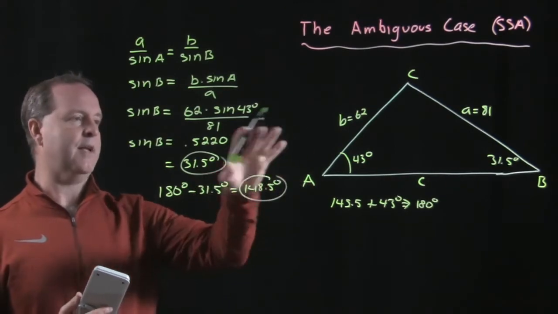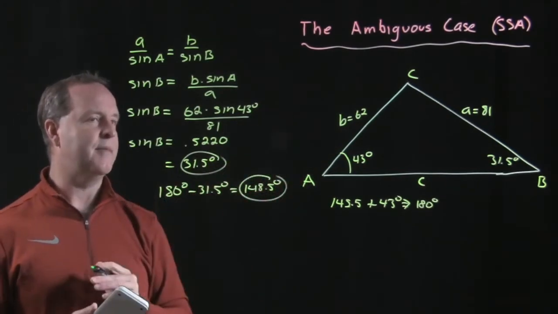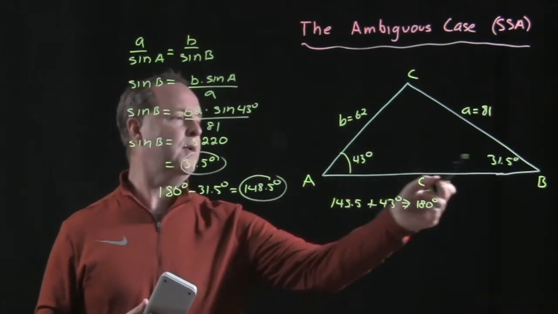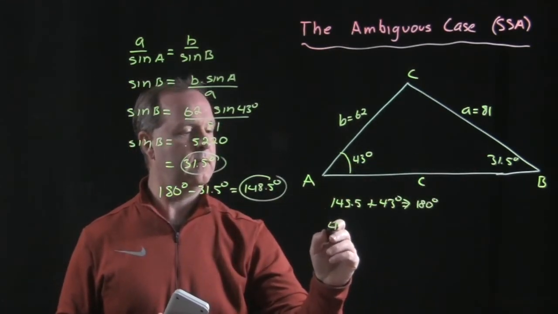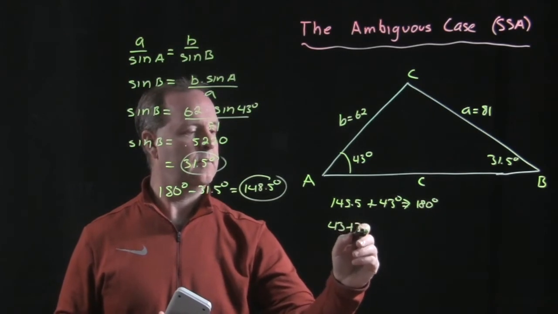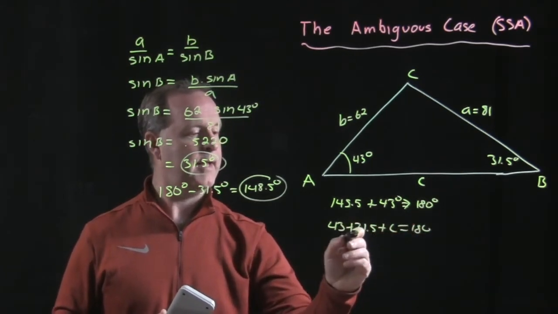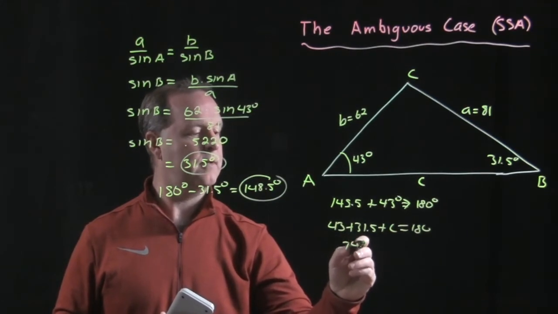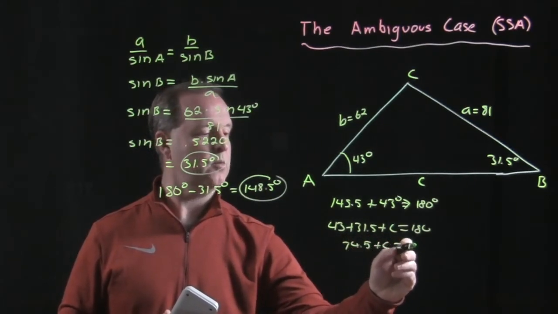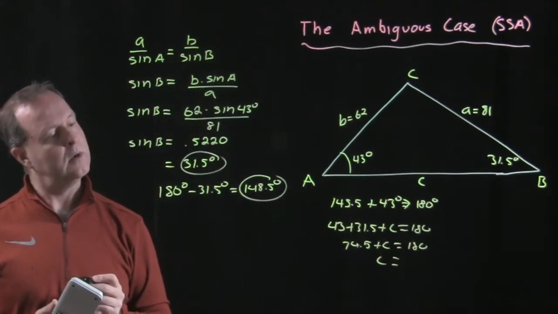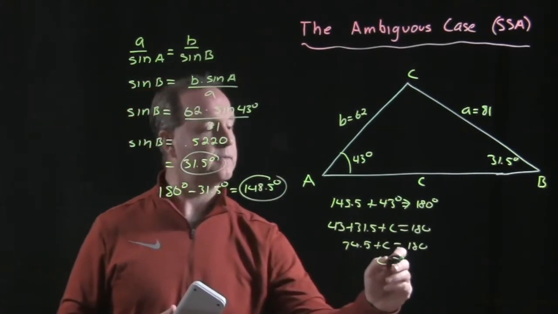From there, we can check the rest of the triangle, and it's just a matter of plugging in what we don't have. 43 plus 31.5 plus C equals 180. That's 74.5 plus C equals 180, so C equals 105.5.